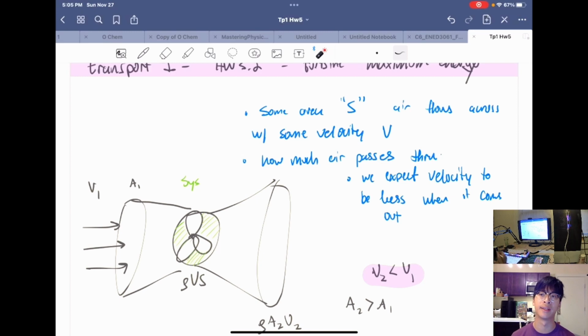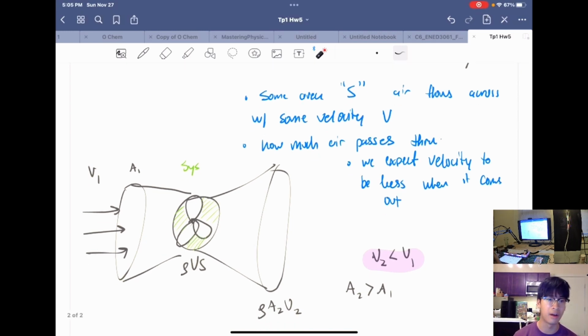And it's interesting to see that despite the fact that we have maximum efficiency, there's only so much power we can extract from this. And that's because, well, if we extract all the velocity away, then we'll have just this barrier of immobile fluid that will prevent any more movement.